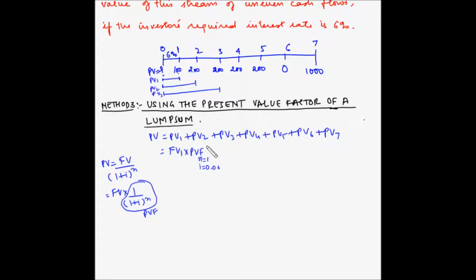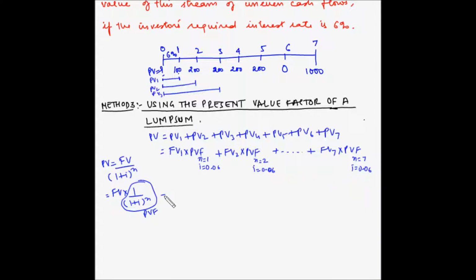So this is the value for PV1, plus for PV2, FV2 into present value factor, where n is equal to 2 and i is equal to 0.06, and so on. Plus for PV7 it will be FV7 into present value factor, where n is equal to 7 and i is equal to 0.06.